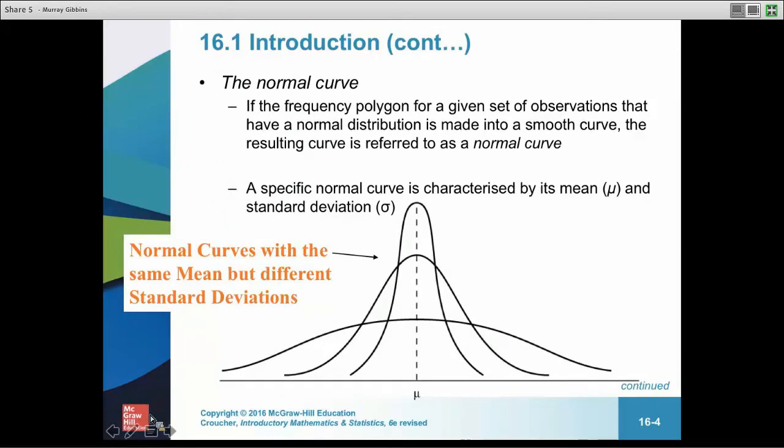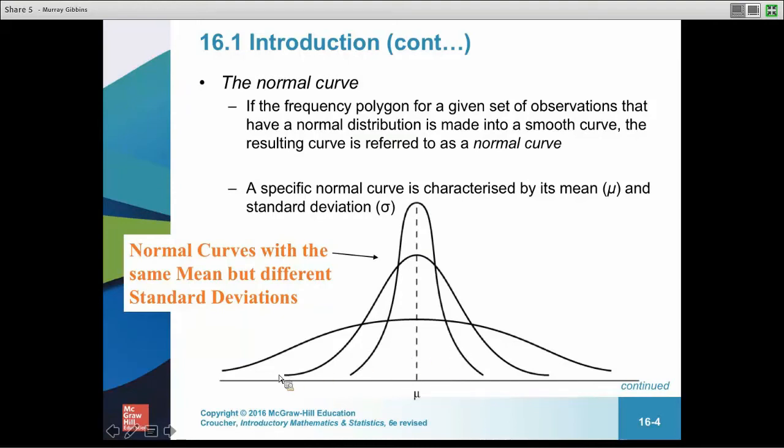Here's another representation of the normal bell-shaped curve, with the mean, the population mean. Whenever you see mu, you know it's the population mean right in the middle. In this particular distribution here, they've all got the same mean, but the scores are clustered closer to the mean.